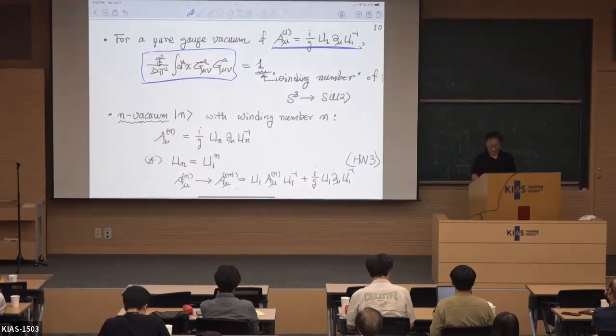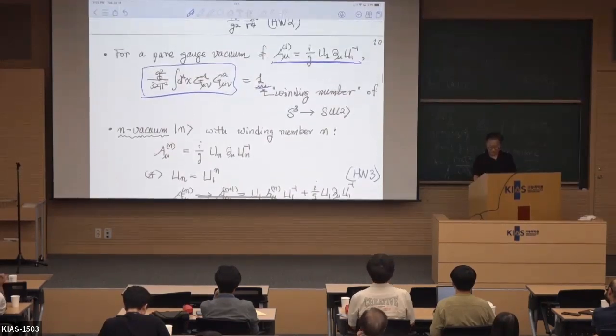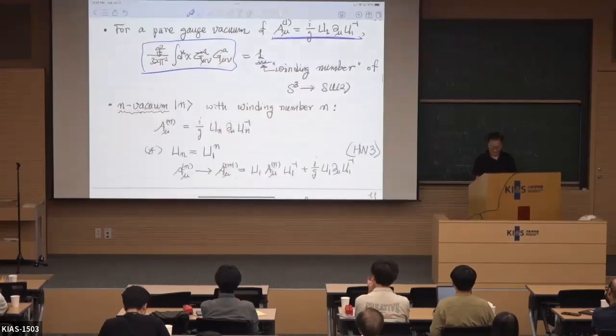Now, realizing this, you take another gauge transformation of this A_mu^1, and say the n-vacuum configuration, so you take U_n to be U_1 to the n. Then it's kind of obvious that you will get winding number n, right?